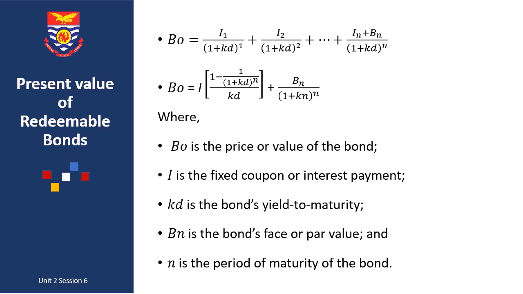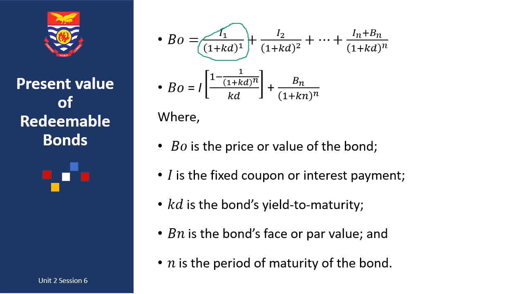Looking at this formula, you can see we have I1. It means where the bond is maturing in some years, not only one, the interest for year one, since interest is paid every year, is over the discount factor, 1 plus the cost of the debt or cost of the bond. Then the interest for year 2 is discounted similarly. So we are discounting all the interest to their present value.